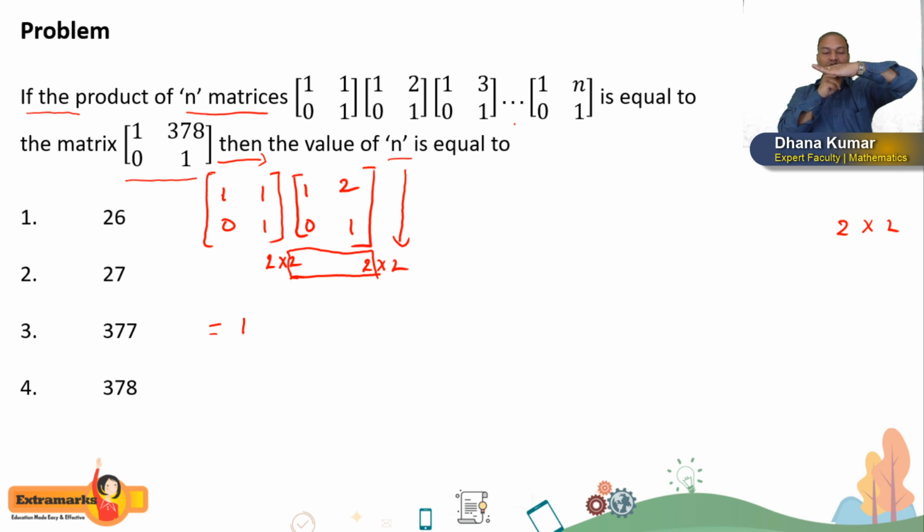The first element always multiplies with the first element only, and the second element with the second element, in this order. So 1 into 1, 1.